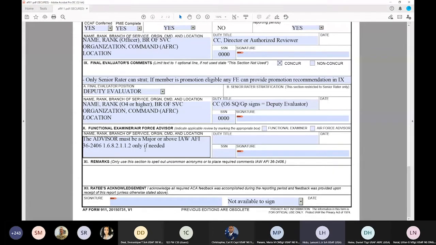I had a question about the intermediate person signing. I have had an eval get pushed back because currently we have a captain as our unit commander who is signing non-promotion eligibles.